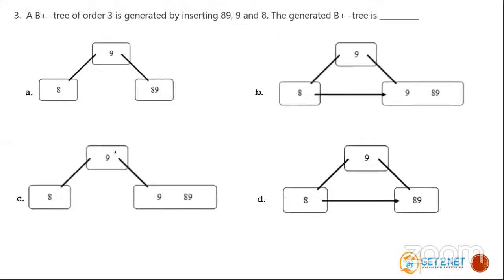A B plus tree of order 3 is generated by inserting 8, 9, and 8. What is the generated B plus tree? Order is 3. Inserted 8, 9 and 8. What will be the B plus tree? It's easy. Very small numbers are there.